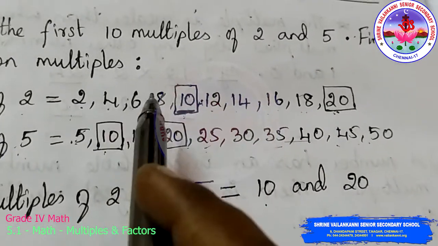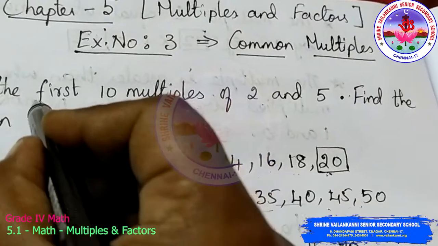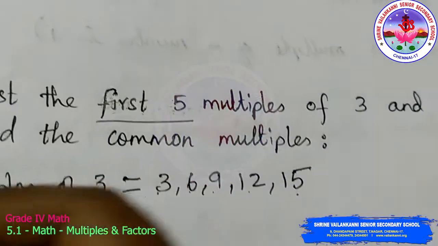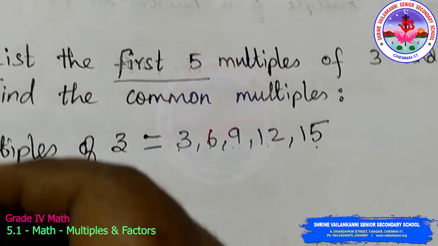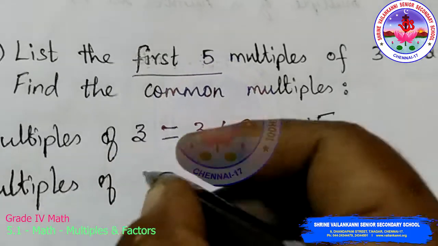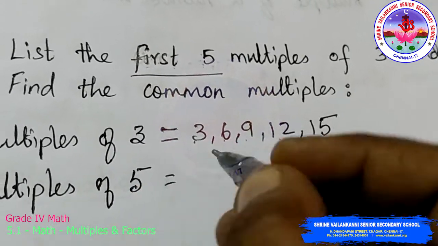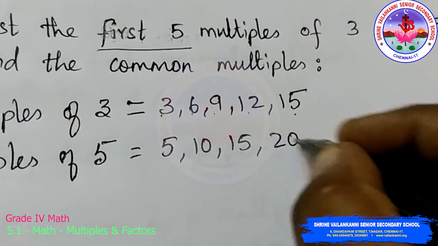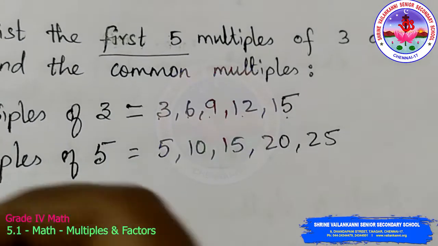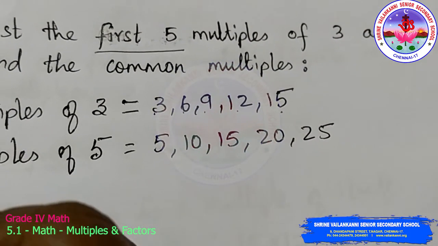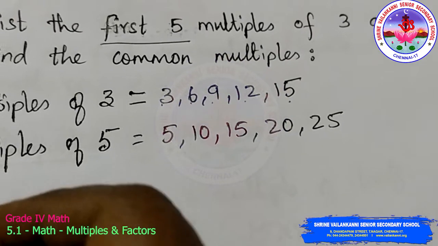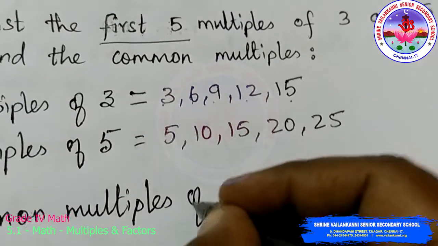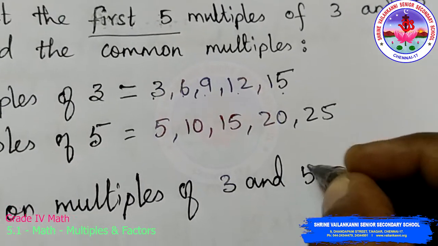If you see, in the first sum it was mentioned first 10 multiples. Here it is first 5 multiples. Then multiples of 5: 5, 10, 3 fives are 15, 4 fives are 20, 5 fives are 25. Now, after finding the 5 multiples, the common multiples of 3 and 5.